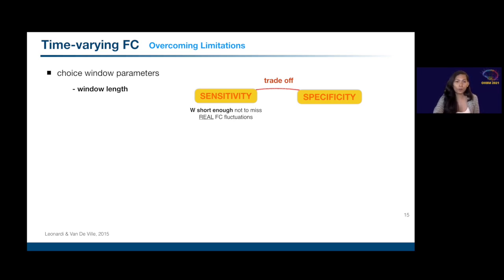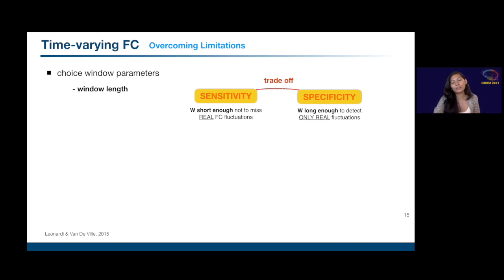This, of course, can depend on whether we have an idea of the timing of the events that we are interested to study. On the other hand, we also want a window that is long enough to detect only the real fluctuations in the BOLD data. It has already been found that spurious fluctuations are included in the data depending on the window that we use.